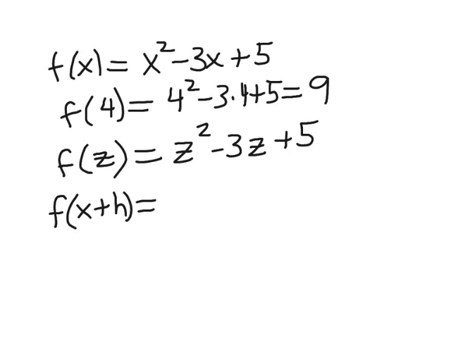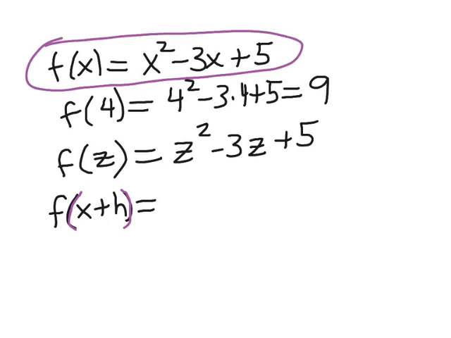Now, a lot of students get this very confused. And I understand the confusion. The confusion is these parentheses right here, they look a lot like multiply. But when we're dealing with function notation, those don't mean multiply, they mean plug in. So this symbol means, go back to my original function. Here's my original function. Don't write x anymore. Wherever you see an x, write x plus h.